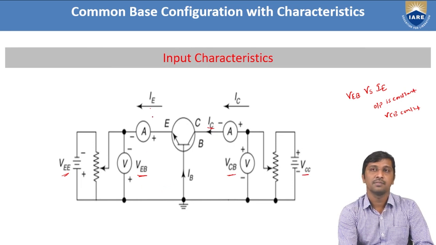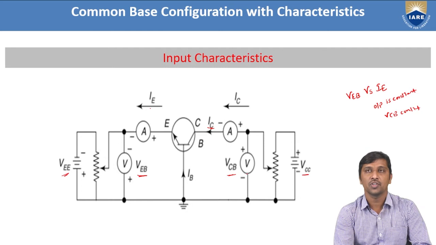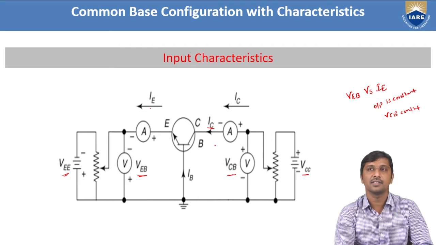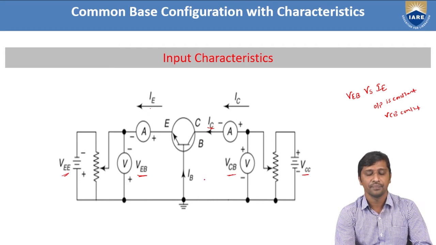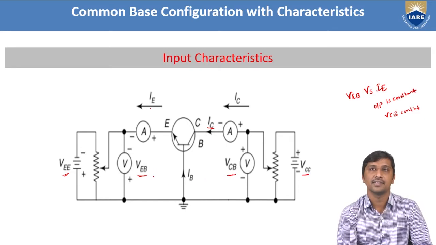The input here is IE. So the output characteristics are drawn between VCB versus IC by making IE constant. Now we'll see first how to plot the input characteristics.